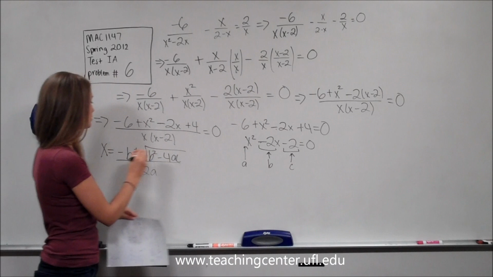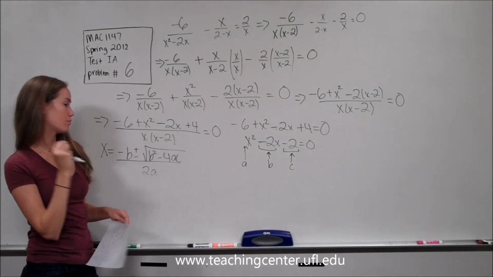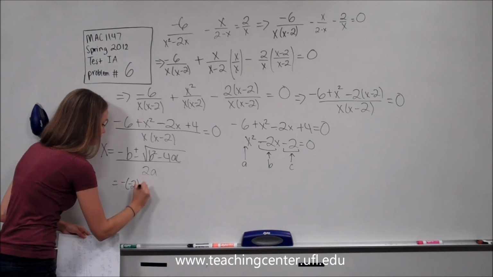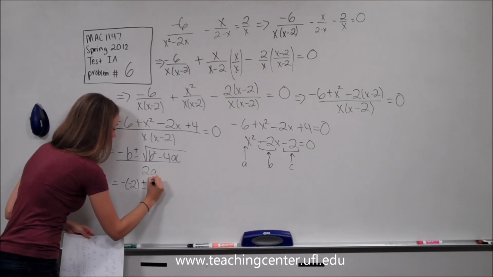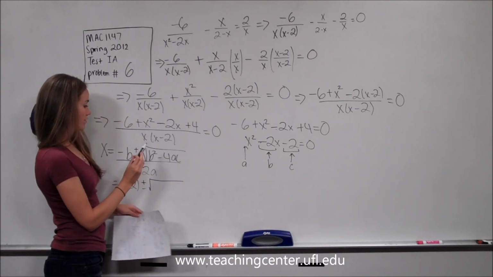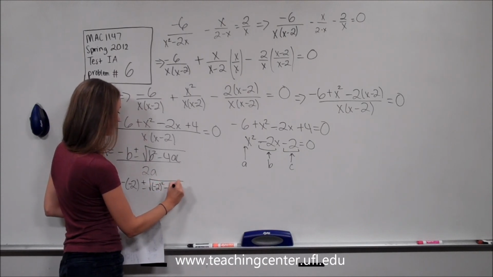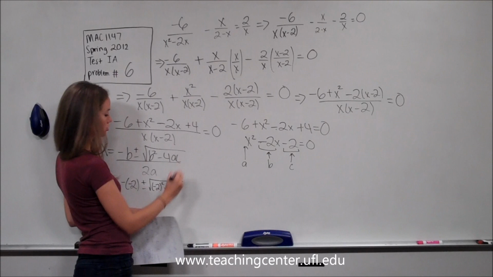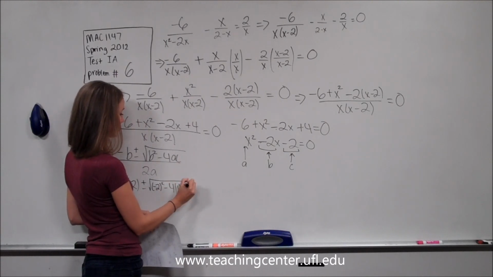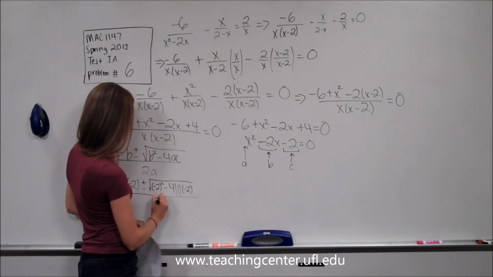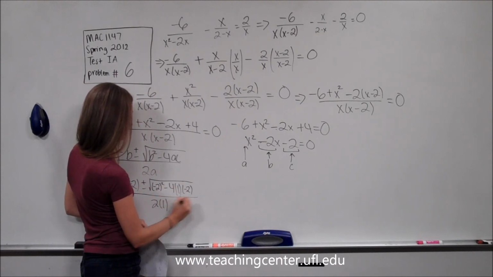Okay, so now we just plug all those values into our quadratic formula. And so that gives us negative negative 2 plus or minus the square root of negative 2 squared, minus 4 times our a term, which is just 1, times our c term, which is negative 2. And then that's all over 2a, so it's just 2 times 1.